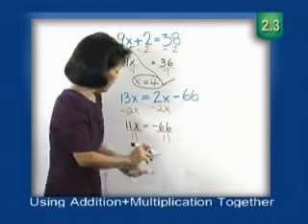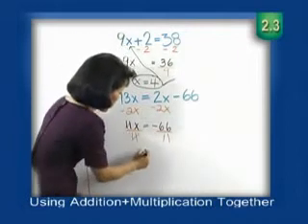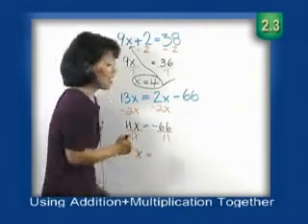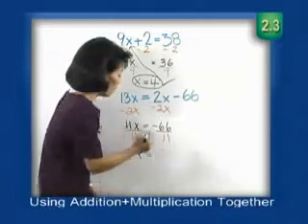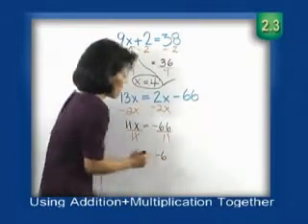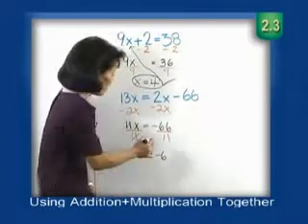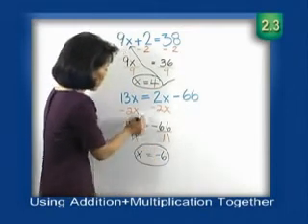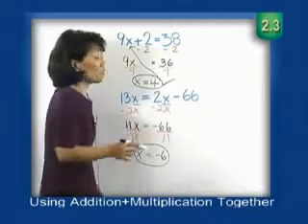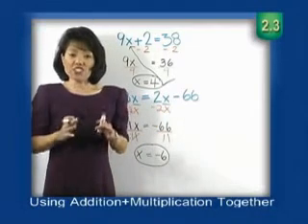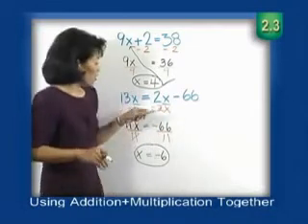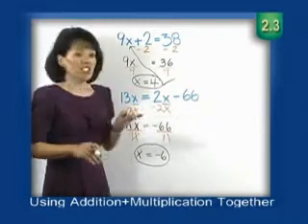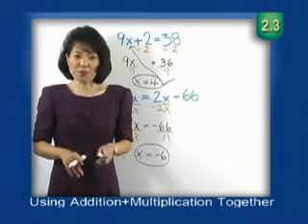When we do, we see that the 11s divide out, and we're left with x equals negative 66 divided by positive 11, which is negative 6. Now again, the nice thing about these problems is you can always take the value for x, substitute it back into the original equation, and check to make sure that your solution makes sense, or in other words, you get a true statement as your original equation.